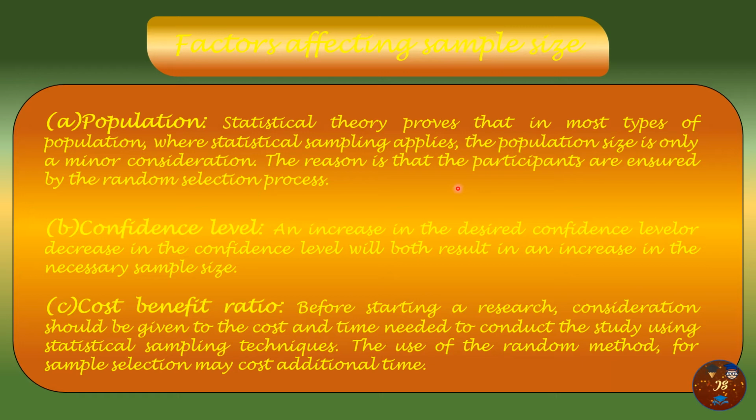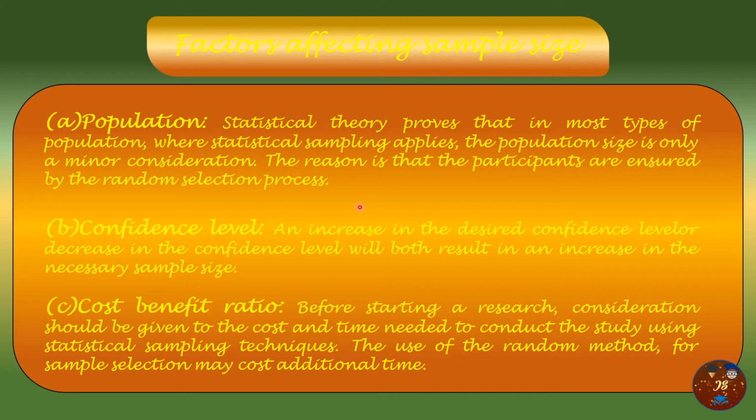That means if the sampling technique is statistically and mathematically sound, then the population size is of minor consideration, because the participants are ensured by the random selection process, which is considered to be the most fair sampling process.